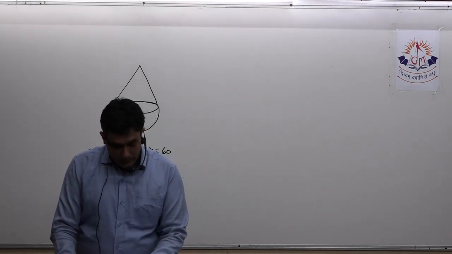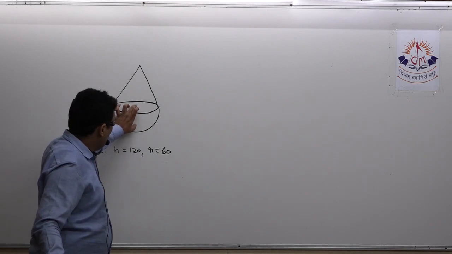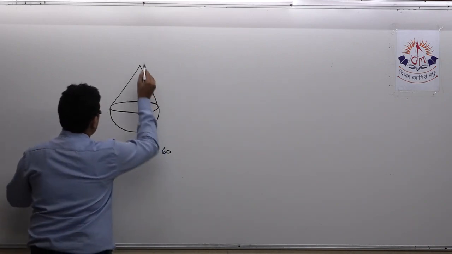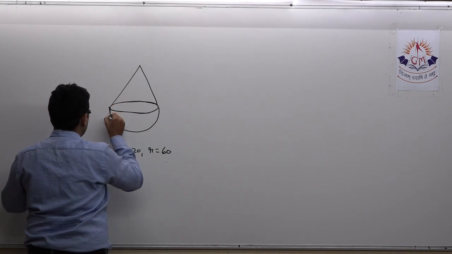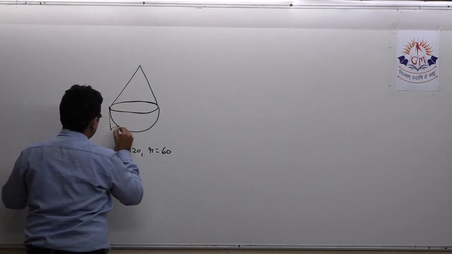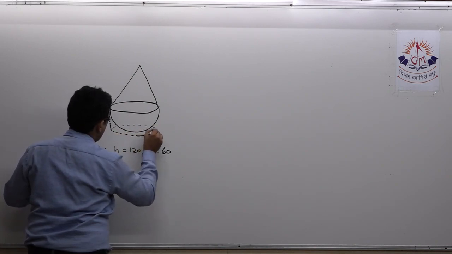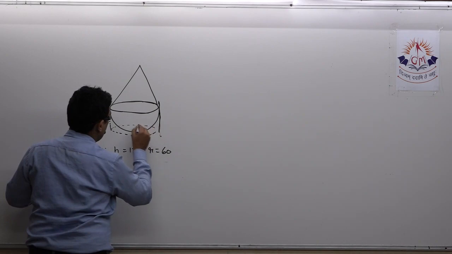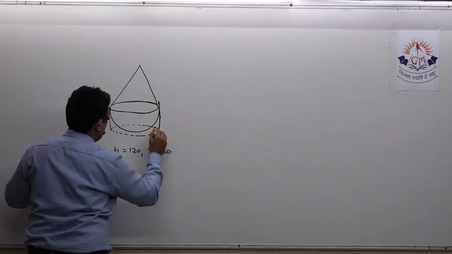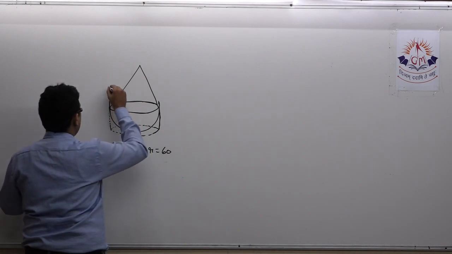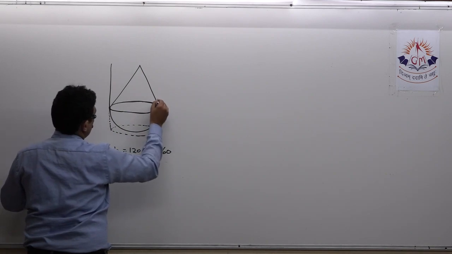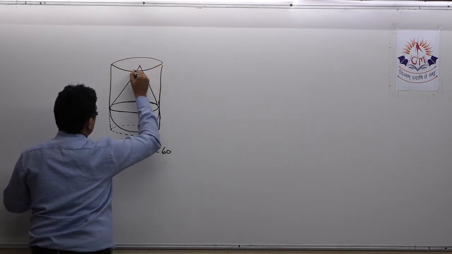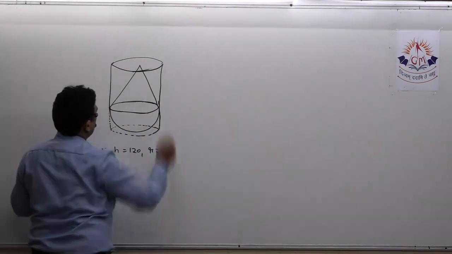Now this solid, consisting of a cone and a hemisphere, is placed upright in a right circular cylinder. Something like this. This is kept inside a cylinder.